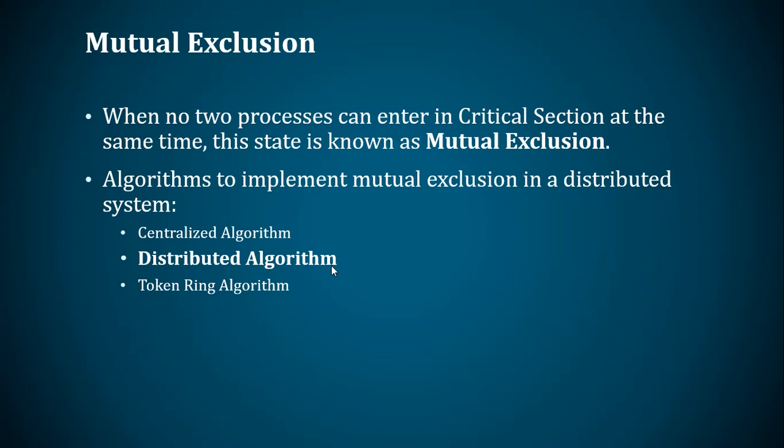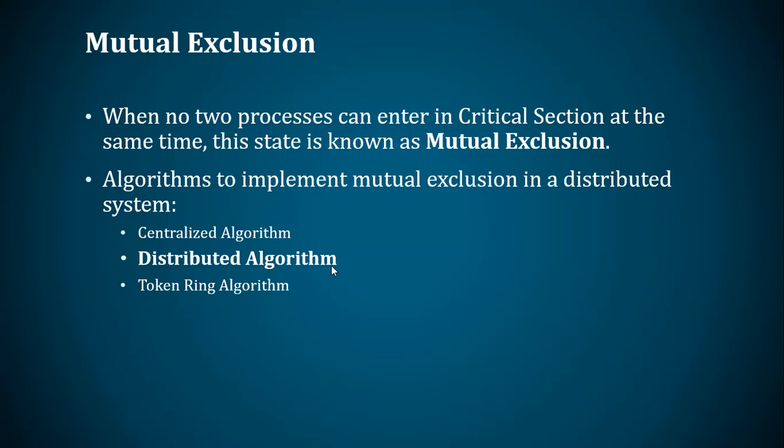When a process receives a request, there are basically three cases. In the first case, if the receiver is not in the critical section and does not want to enter inside the critical section, it sends an OK message to the sender. In the second case, if the receiver is in the critical section, it does not reply. It instead queues the request.